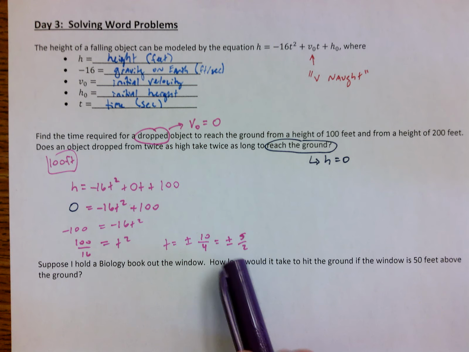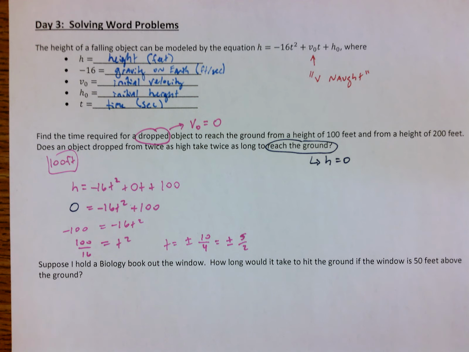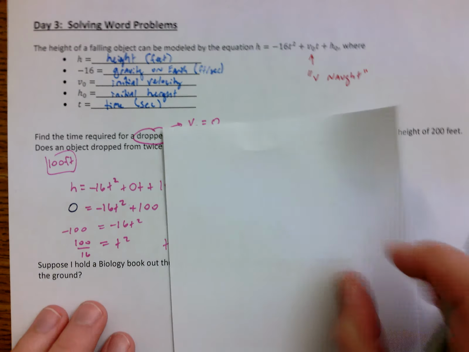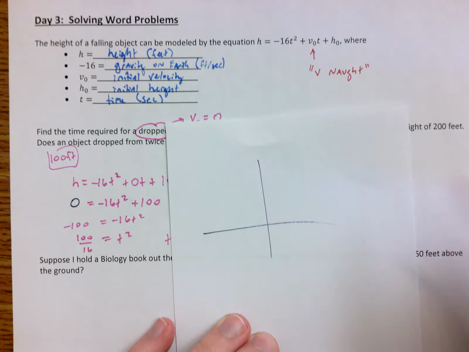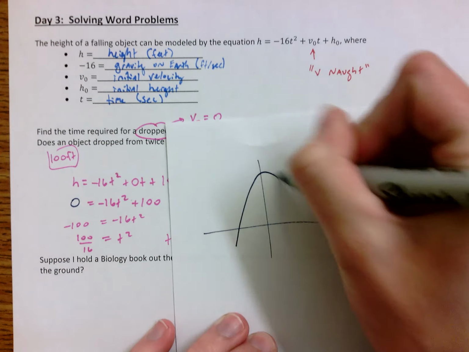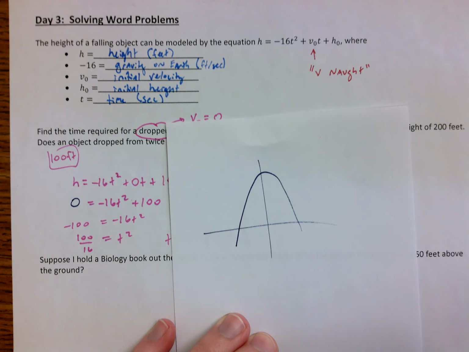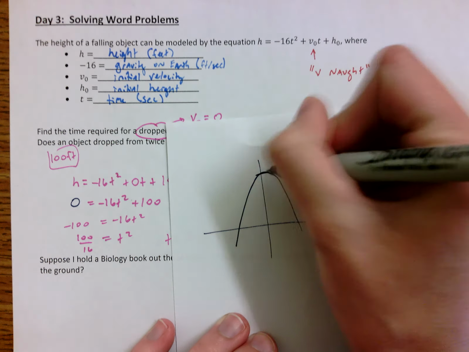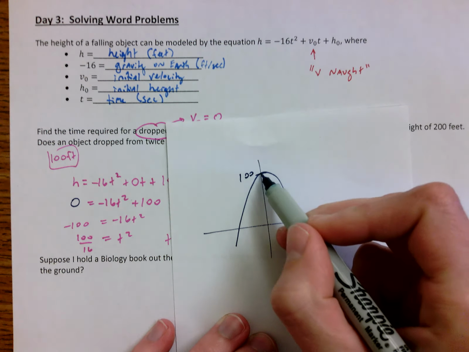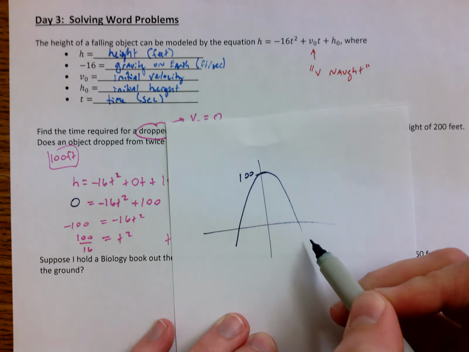All right, and even though our answer is positive or negative 2.5 seconds, we know that negative 2.5 seconds doesn't make sense. That would mean that this object was landing on the ground back in time. So we're going to disregard that. What's actually happening is that we have this parabola, and here's my coordinate plane. This is the parabola that we're modeling here, where this is 100 feet and the object's just starting at 100 feet and then it's going down, right?